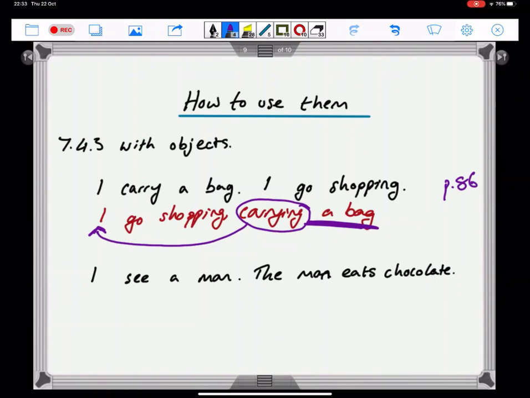In other cases, it's possibly more clear. You could rephrase I see a man, the man eats chocolate as I see a man eating chocolate. Or you could phrase it as I see a man who is eating chocolate.